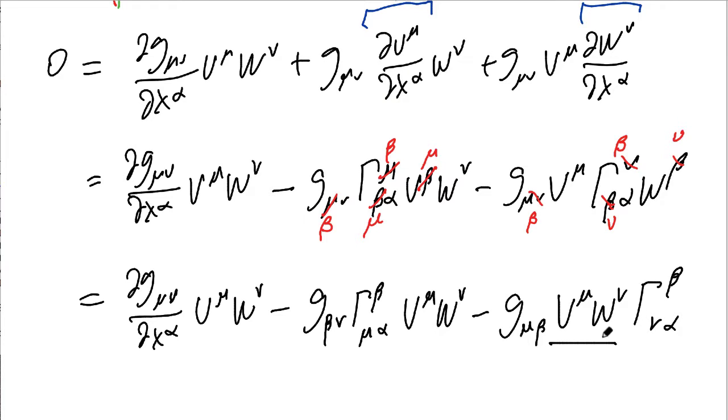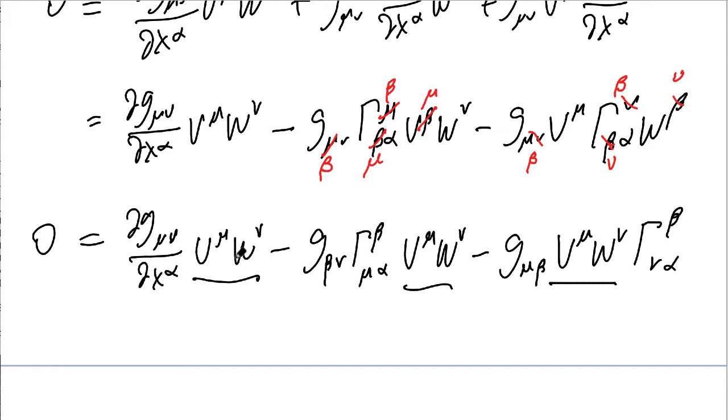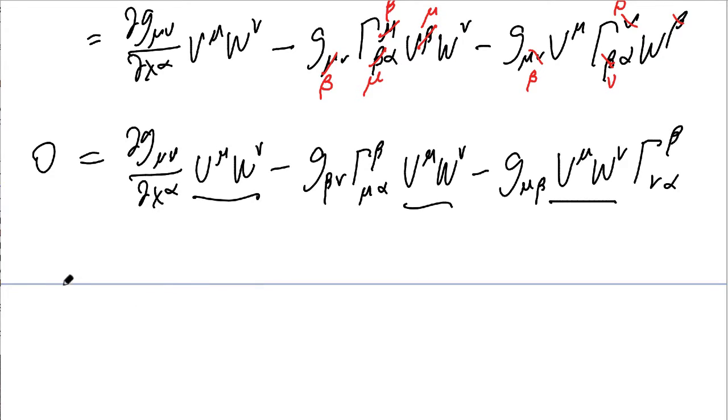All right, so we have these common factors of v mu w nu. Now this relation should hold for any vector fields v and w that are parallel transported throughout a region of space. So in order for that to be the case, the coefficient of v mu w nu must vanish.